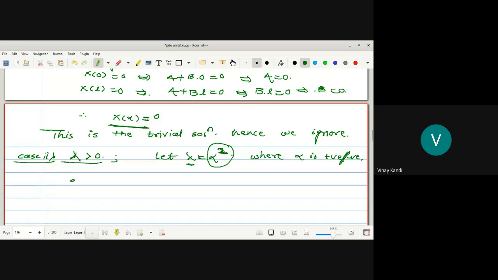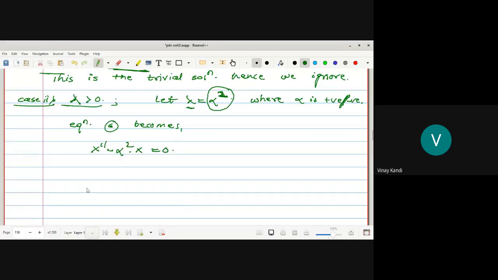Okay, so equation 6 becomes X double dash minus lambda, with the value alpha square, into X is equal to 0. So what is the characteristic equation? R square minus alpha square is equal to 0. This implies R is equal to plus minus alpha.